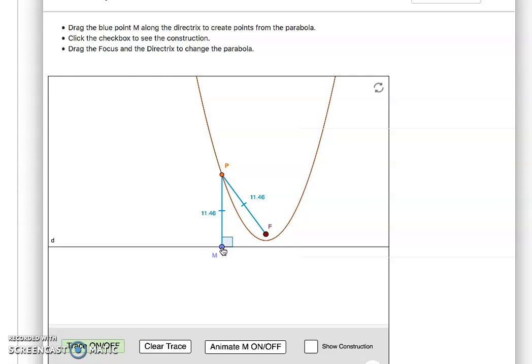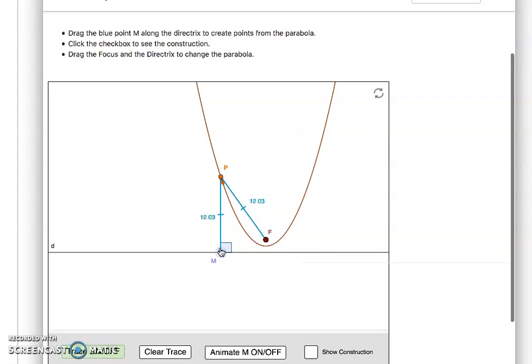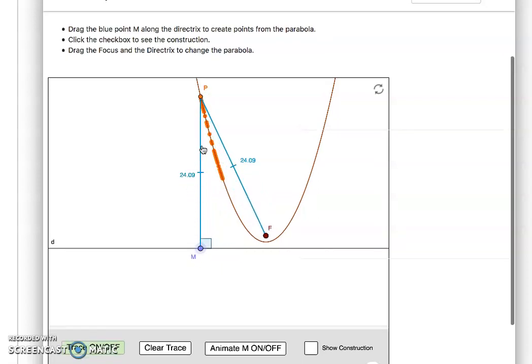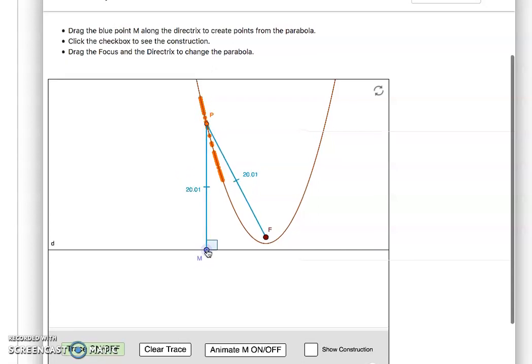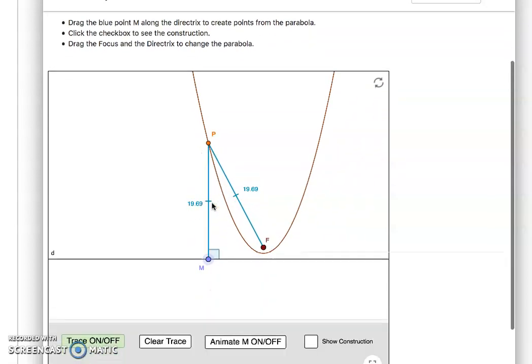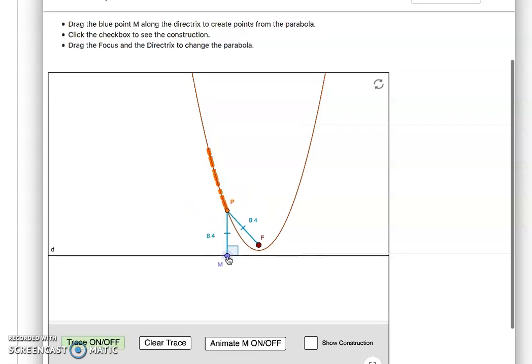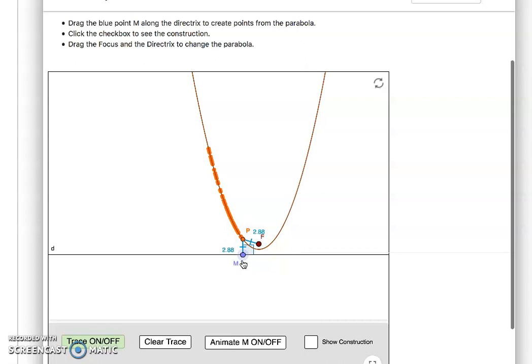So, actually I lied. You take M and you drag it. So if I drag M along the directrix, you can see no matter what happens, when the distance between M and P gets bigger, so does the distance between P and F. And as it gets smaller, they're always exactly the same.